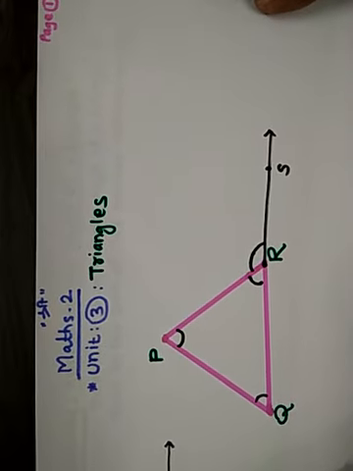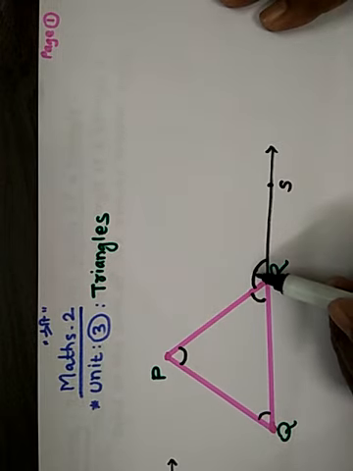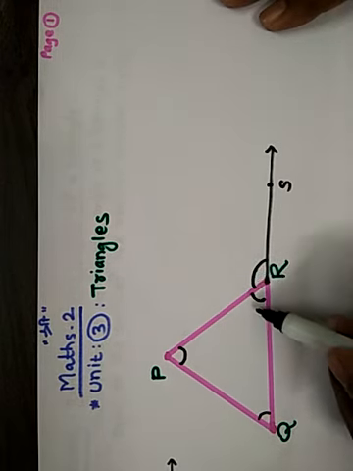First we have to study the property of the measure of this exterior angle and its relation with the interior angles. See here, angle P, angle Q and angle R are the 3 interior angles. Angle PRS is the exterior angle.